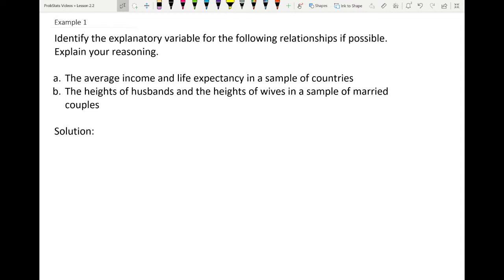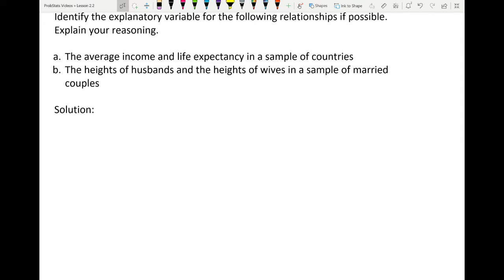So using that logic, we can say that for part A, the average income can be considered the explanatory variable.